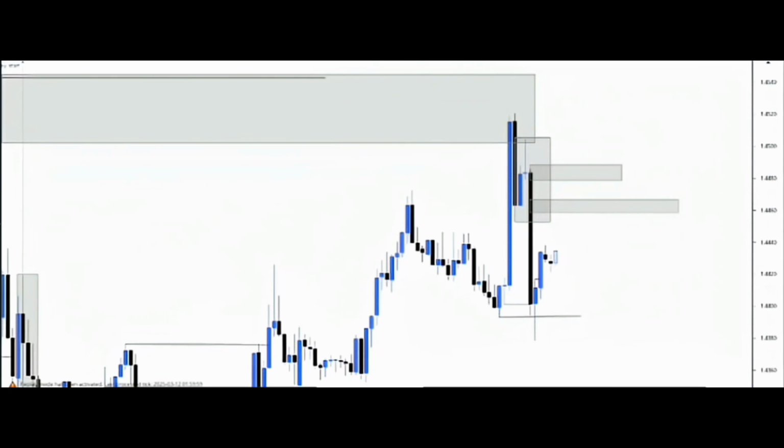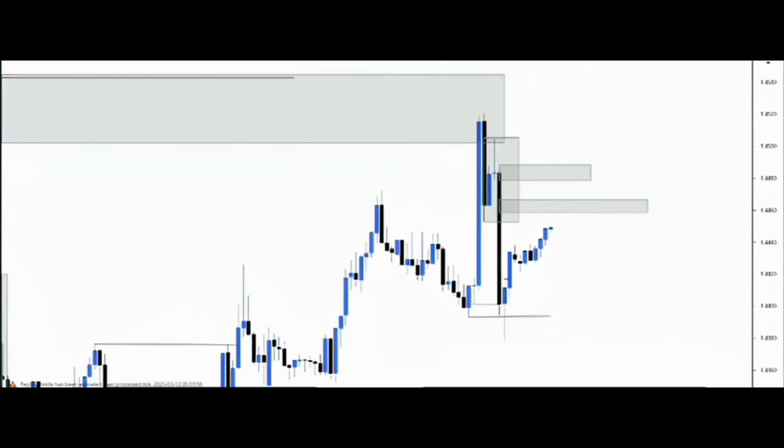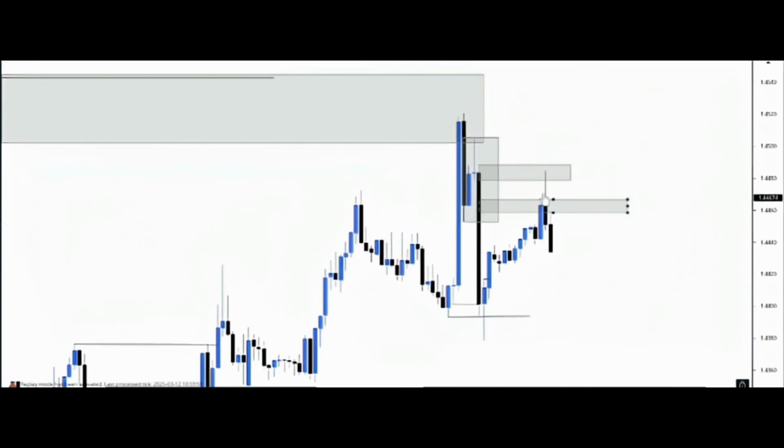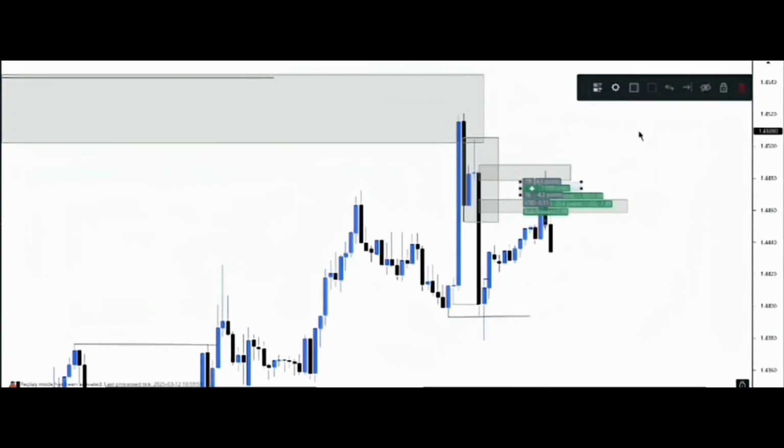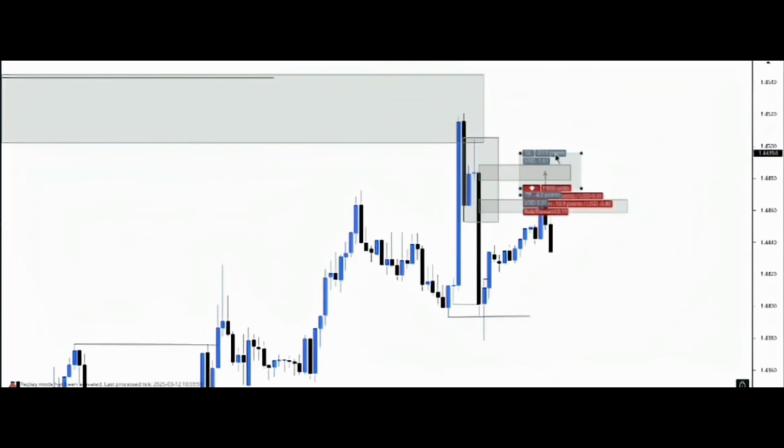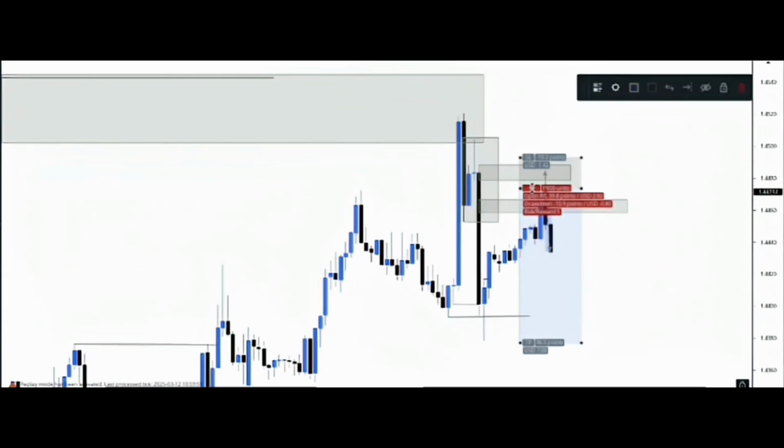So let's continue. Okay, so as you can see, it tapped precisely into this. So I want to take my trade from there like I told you. My stop loss will first of all be just above my TP, here. And then after that, I can start trailing my stops.